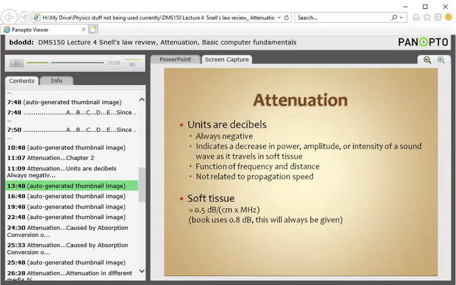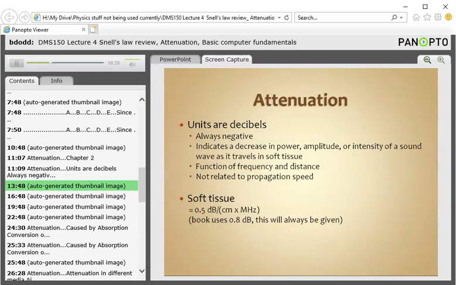If we're using, and don't use a calculator on this, you got to do this by hand, okay? If we're using a 5 megahertz transducer, and we travel a total depth of 10 centimeters, what is our loss from attenuation? 25.